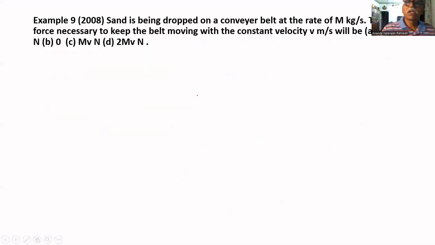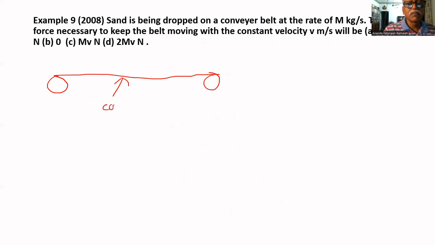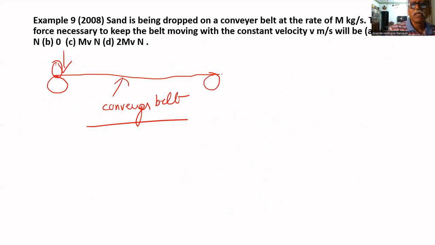Sand is being dropped on a conveyor belt. A conveyor belt is used if you want to continuously transfer some material from one point to another point. If you drop some material here, it will be transferred there.